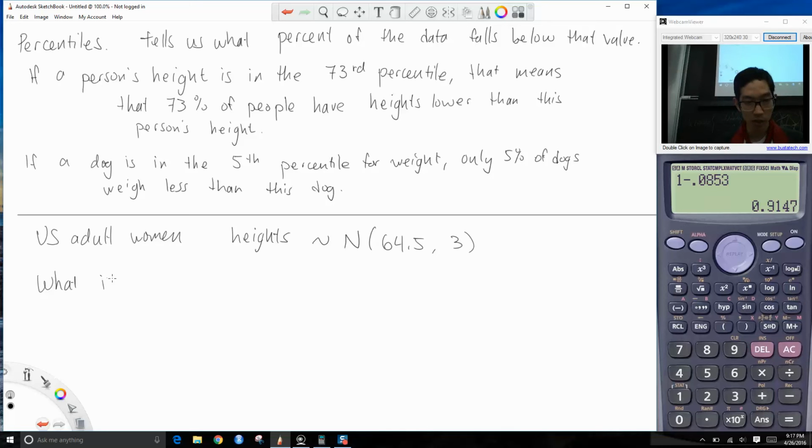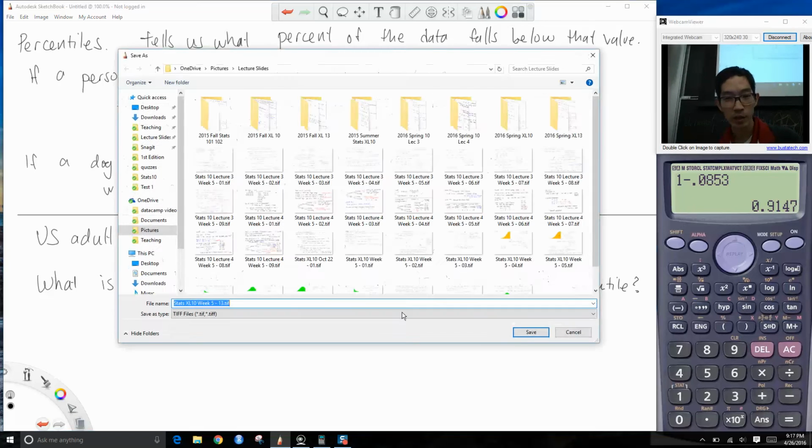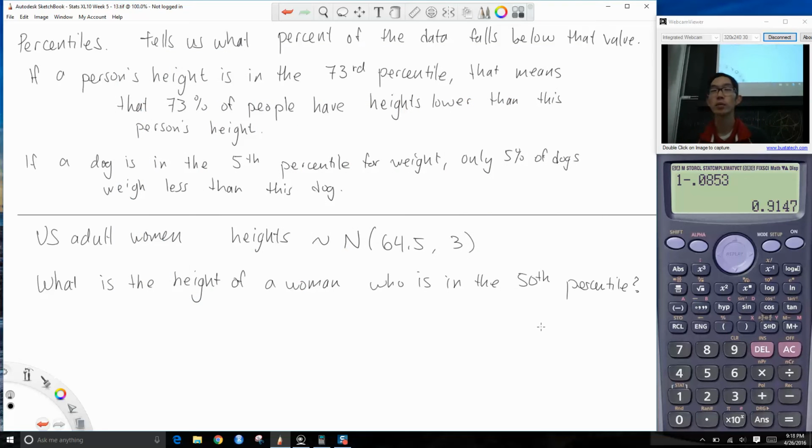What is the height of a woman who is in the 50th percentile? Just think about the answer to that. What is the height of a woman in the 50th percentile, based on the information I've provided? Again, don't shout it out. Think about it.